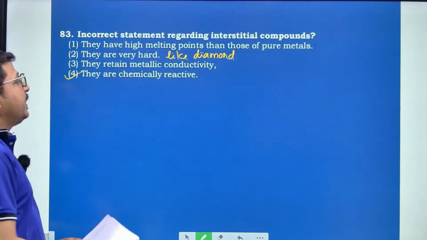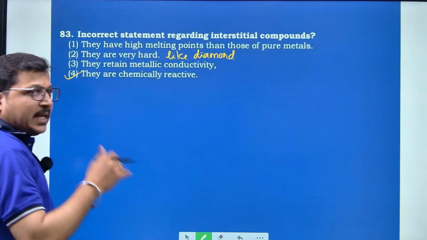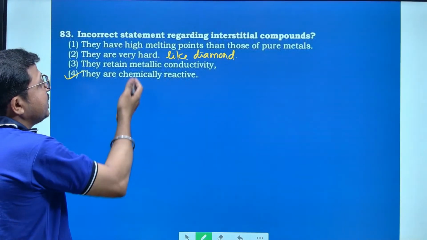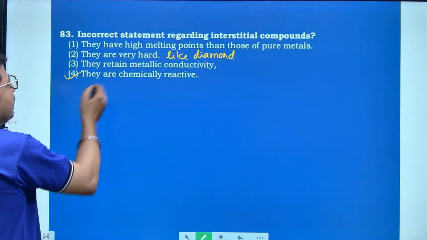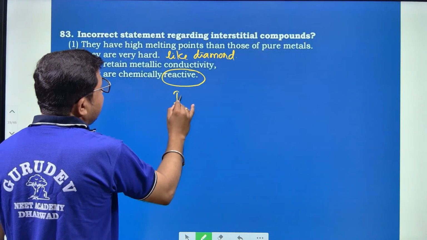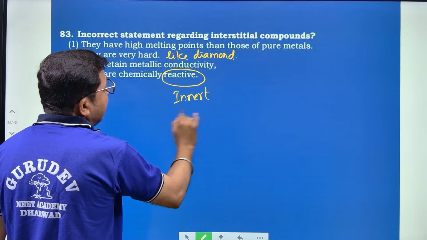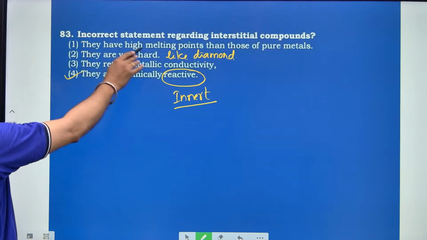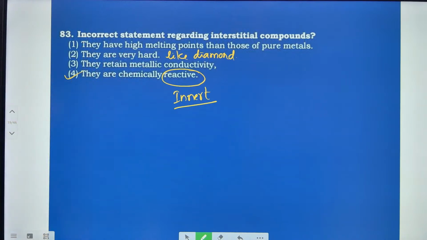They retain metallic conductivity due to the presence of metallic character inside them, because the interstitial atoms are present in the metals only. For that reason they retain their metallic conductivity. And interstitial compounds are chemically inert, means their reactivity is less, but they are given as chemically reactive. Hence this is the wrong or incorrect statement, hence follows the fourth option.